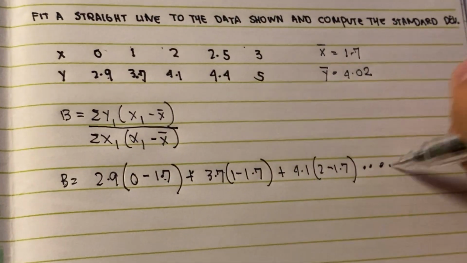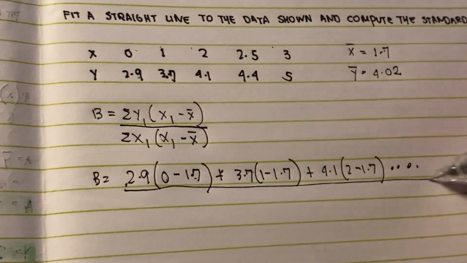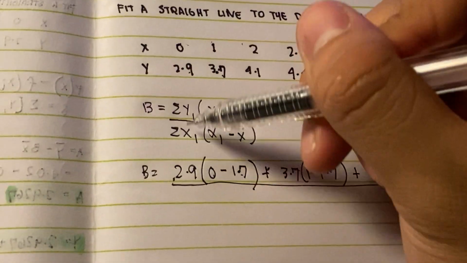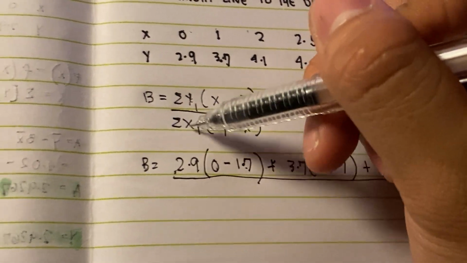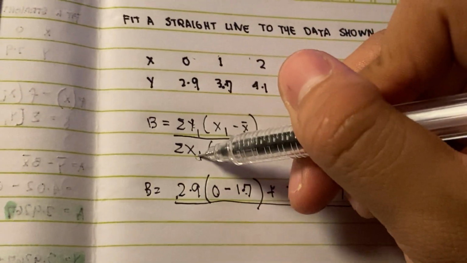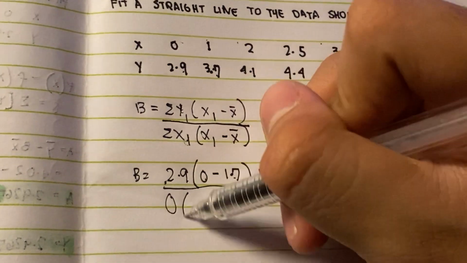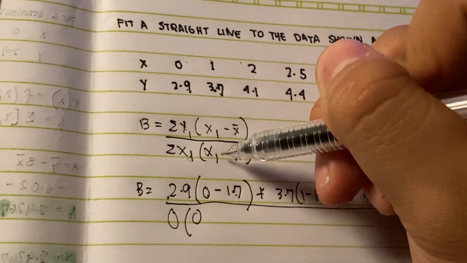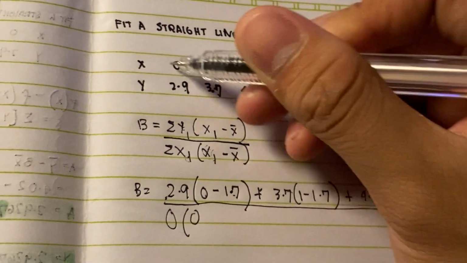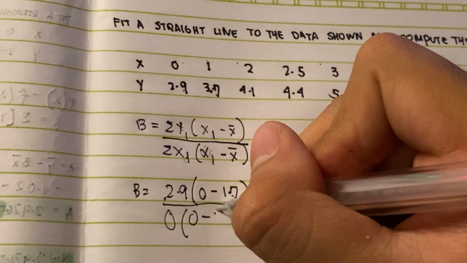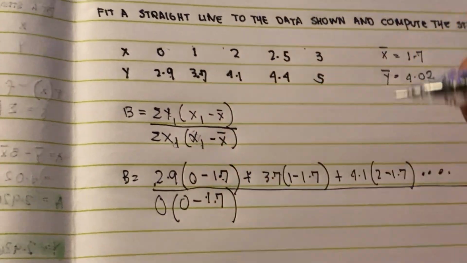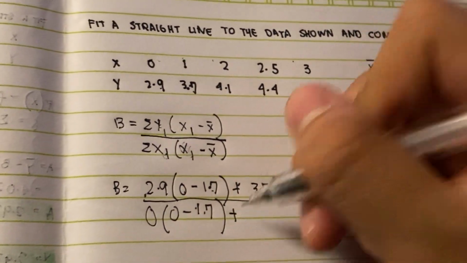Over, same procedure, pero this time hindi na observation ng y kundi x observations. First observation is 0 times 0 minus 1.7, kasi first observation ng x is 0, and 1.7 din yung x bar, plus summation pa din siya.